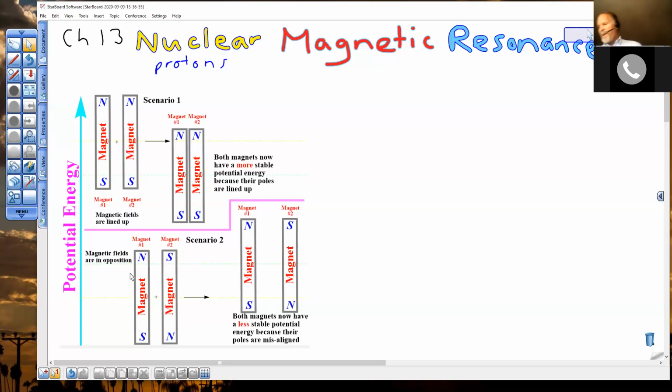They jumped apart because their spin states repelled each other, and both magnets now have a less stable potential energy because their poles are misaligned. Okay, so the energy went up, indicating this arrangement is less stable than when the potential energy went down.